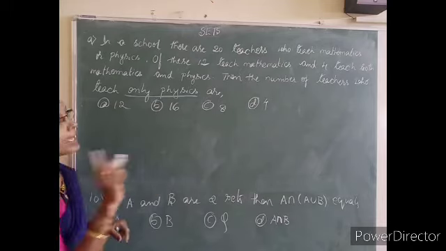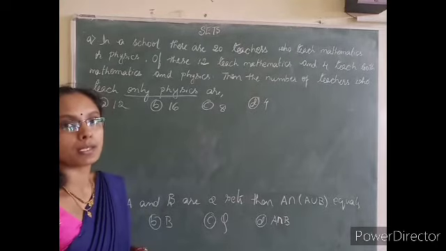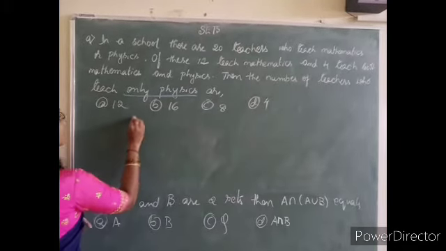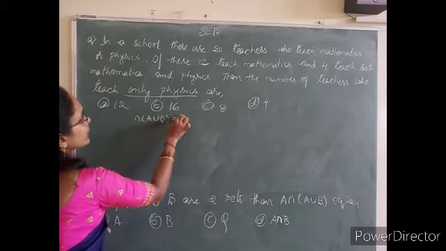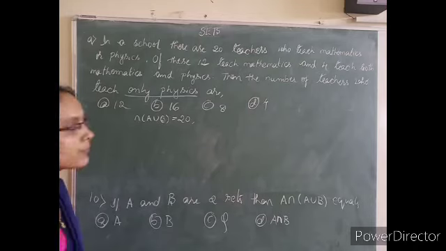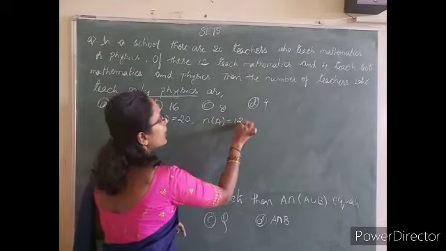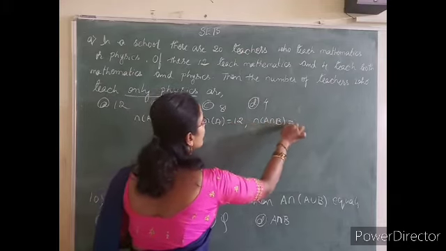If I take A as the teachers who teach mathematics and B as the teachers who teach physics, then as given, n of A union B will be 20. Of these, 12 teach mathematics and 4 teach both. That is, n of A is equal to 12 and n of A intersection B is equal to 4.